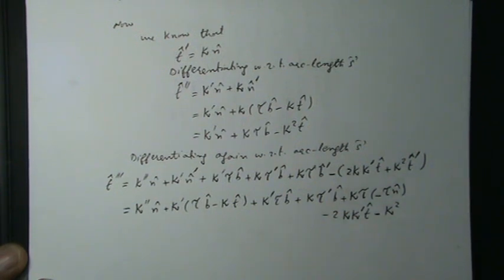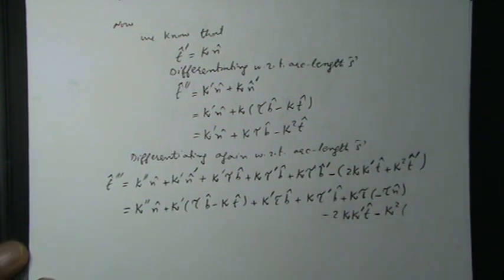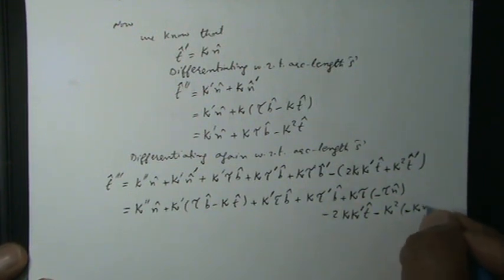Here again using Serret-Frenet first formula, t unit vector dash is equal to minus kappa n unit vector.